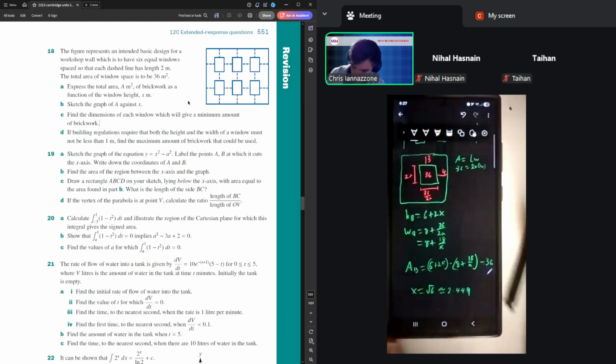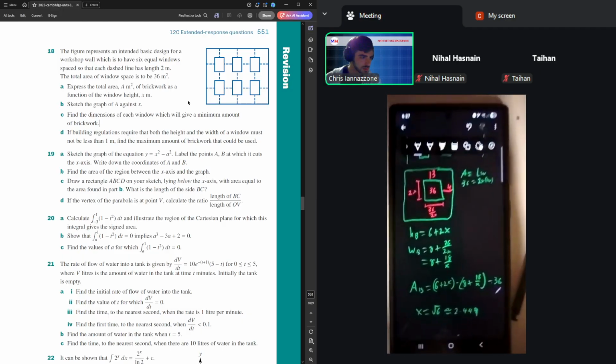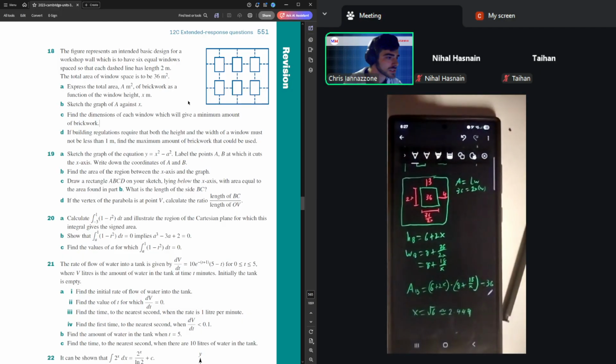Okay, we've got our x. What does that now mean that we can start doing to answer our part C?